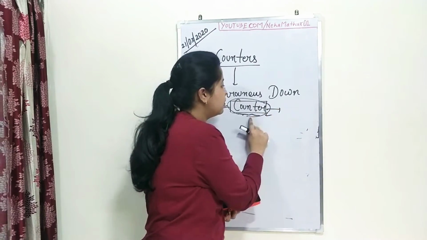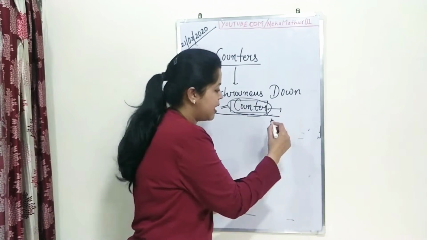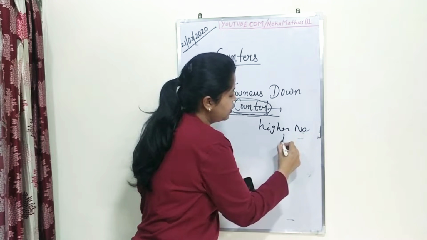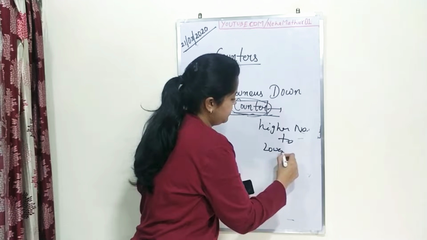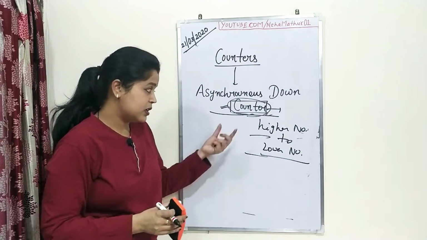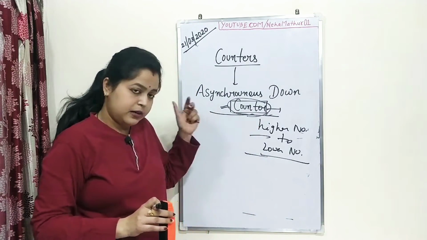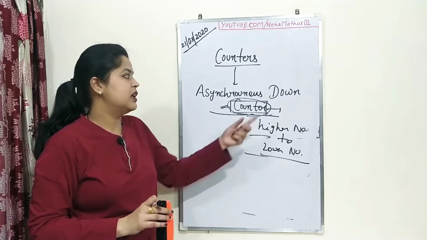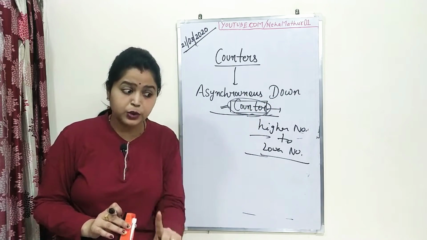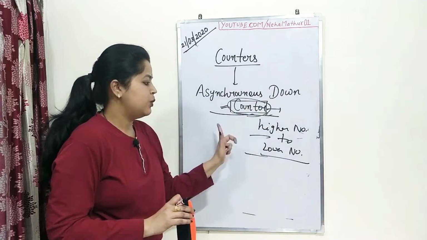Next, down counter, that means whatever we design will start from a higher number and go to a lower number. Fine. So a flip-flop counter which starts counting from a higher number and goes toward a lower number comes under the category of down counter, and if only one clock pulse is applied to the first flip-flop, it is said to be an asynchronous down counter.